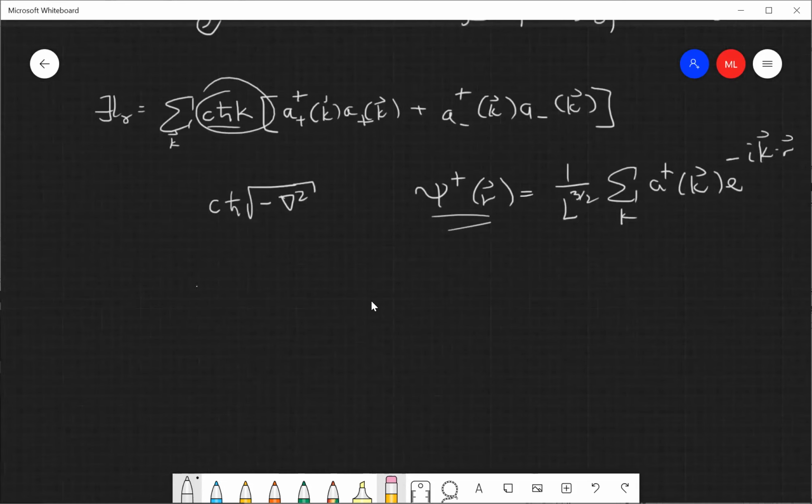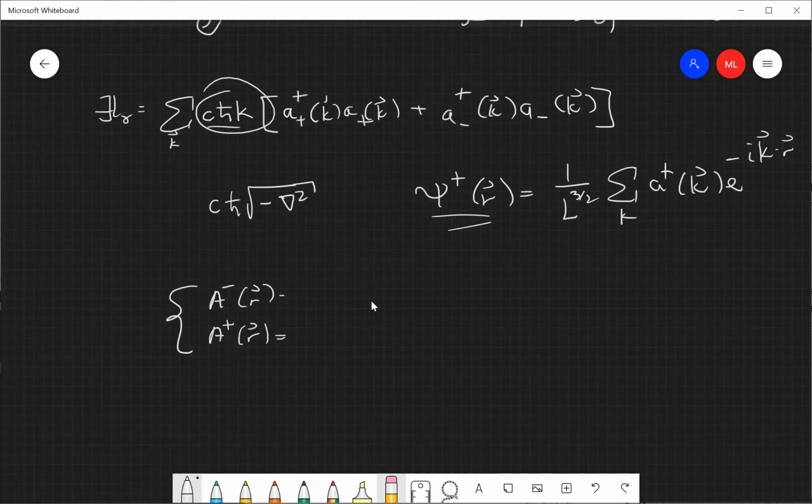So what happens is that you introduce operators. There's one for the two different kinds of helicities, or you could do the linear polarizations, the two different circular polarizations. The field operators are in position space.